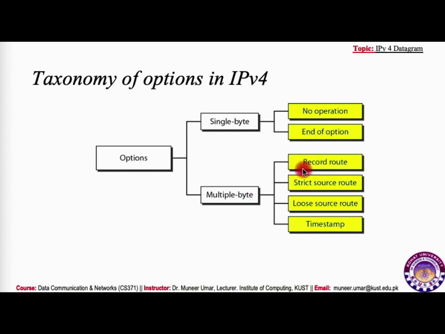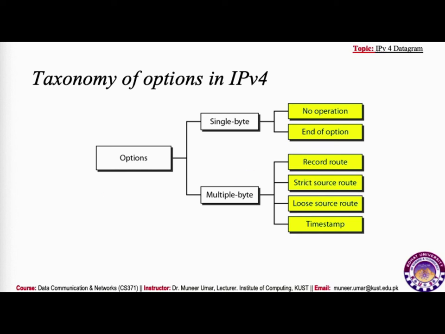The first one is record route. This option is used to record the internet routers that handle the datagram. It can list up to 9 router addresses. It can be used for debugging and management purposes.